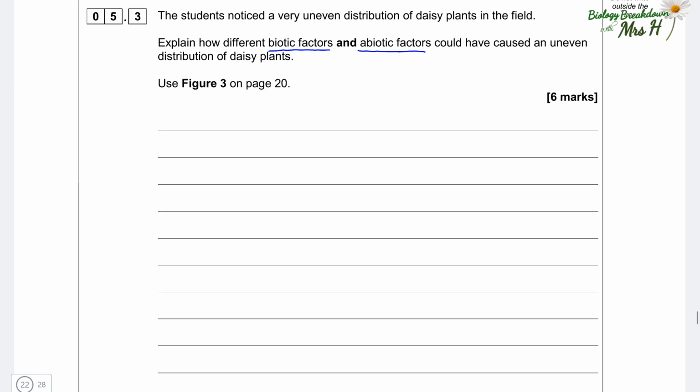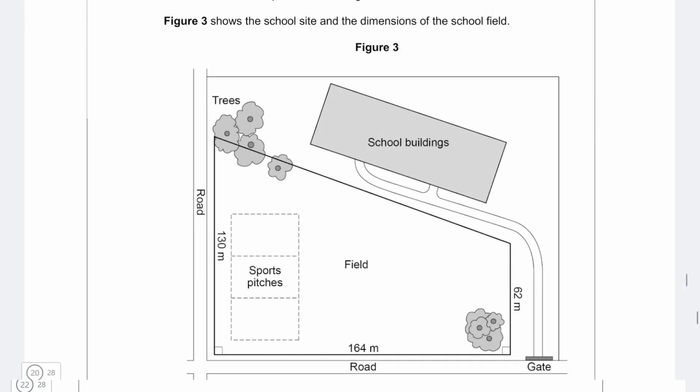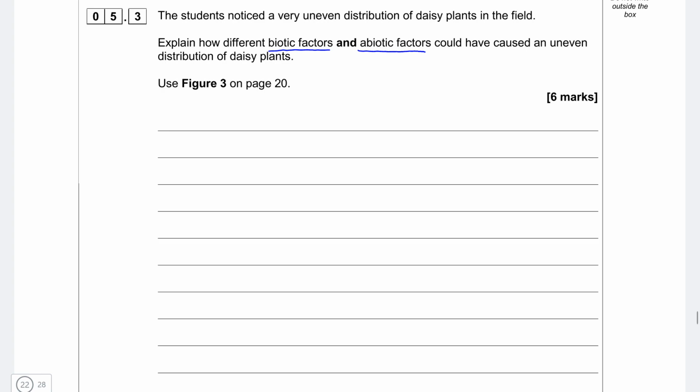Remembering biotic factors are living factors, so that might be other plants or humans or animals, and then abiotic are non-living factors, so for plants, things that affect it like light intensity, ions in the soil, water availability, pH, pollutants from a nearby road, for example. So if we have a look back at the diagram, we can see that we've got trees, sports pitches, school buildings and a road. So really we need to comment on these things in our answer.